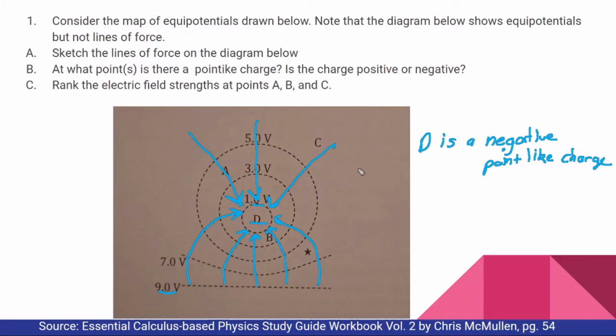It's negative because all of the field lines are converging at a point, going from the highest electric potential to the lowest electric potential.